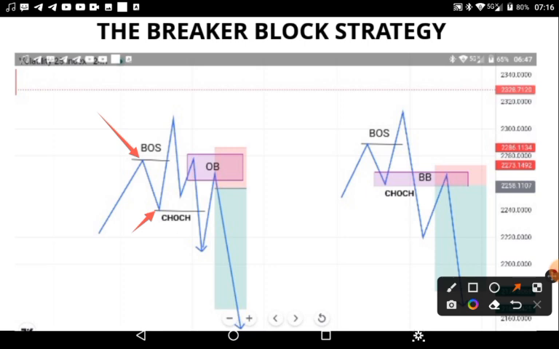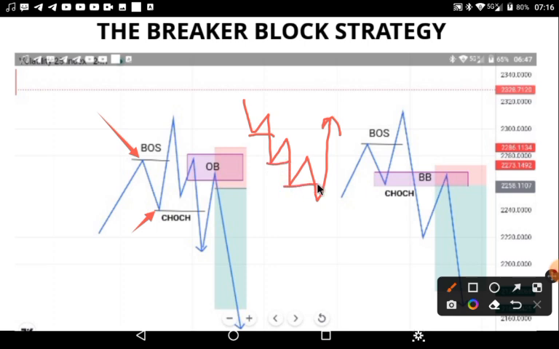The same thing applies to a downtrend. When price is trending downwards, we expect price to keep breaking structure to the downside and not to the up. Whenever it breaks it, we call it break of structure.